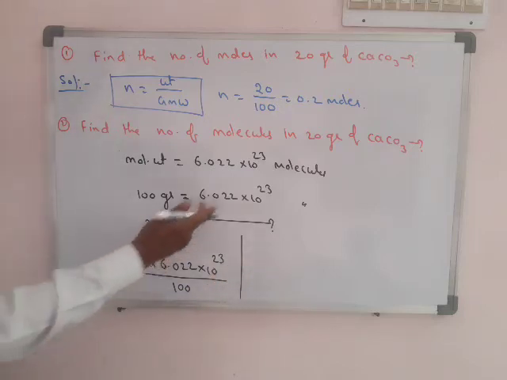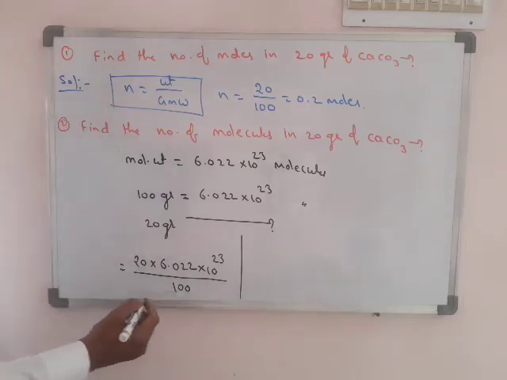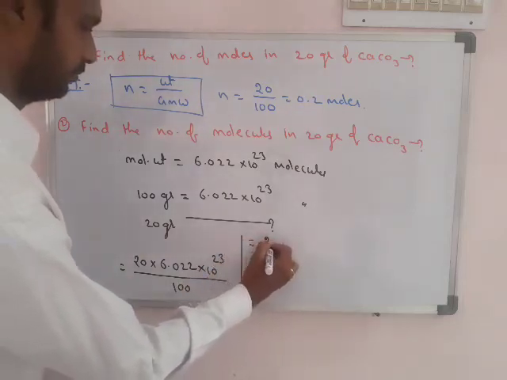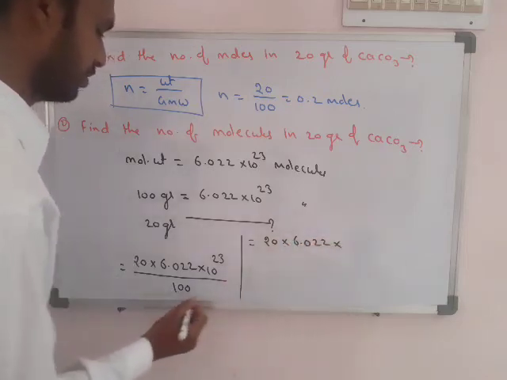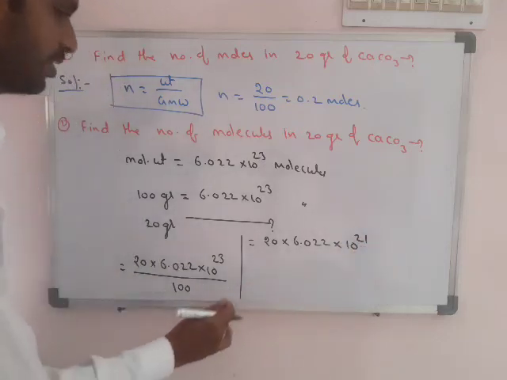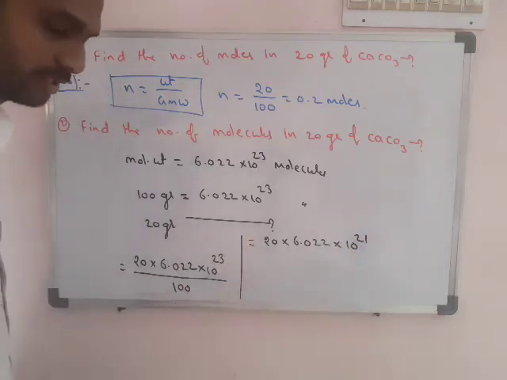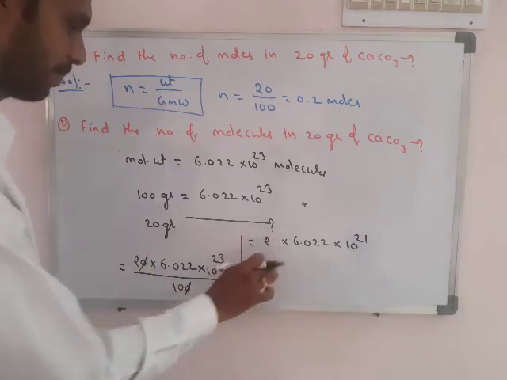So 100 grams, the molecular weight, is okay. It is simply written as a ratio. 10 squared will become 10 power 21. So just cancel this also, I think. Get one, this cancels.